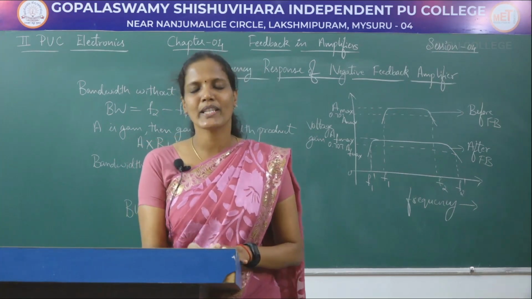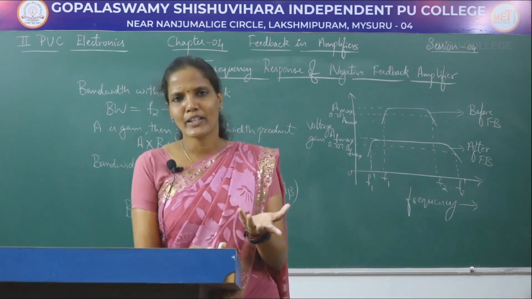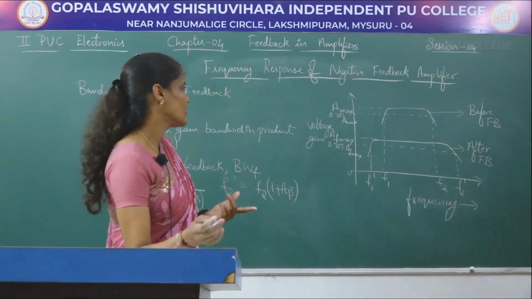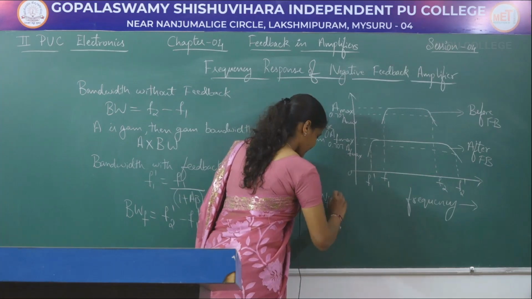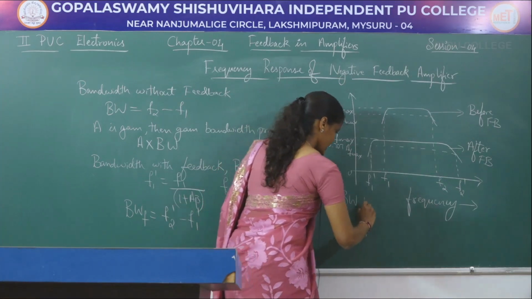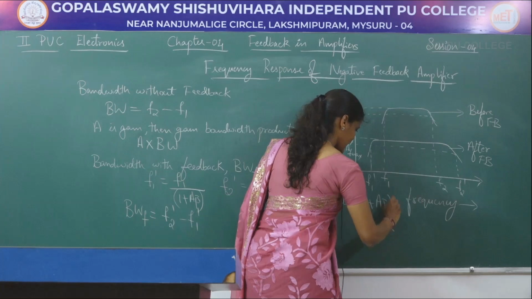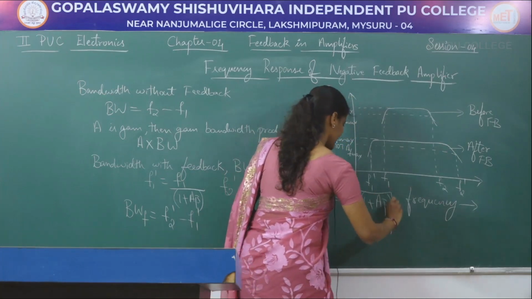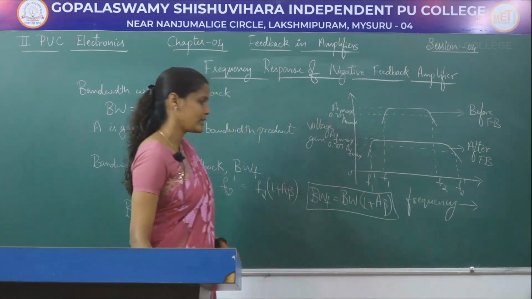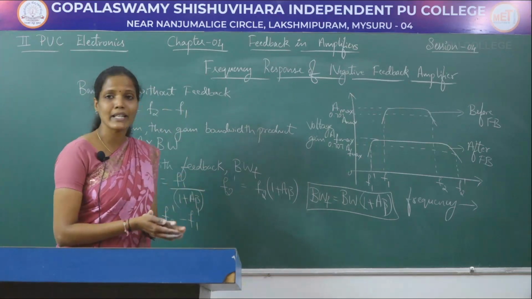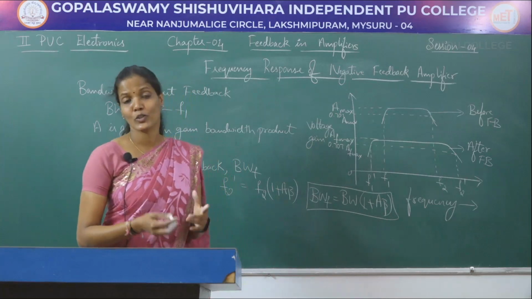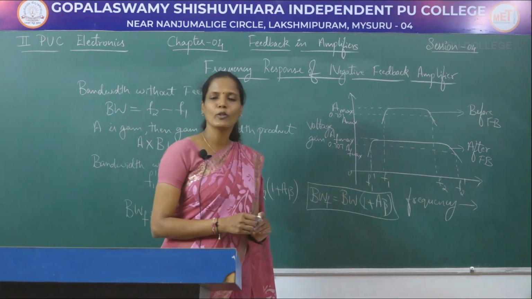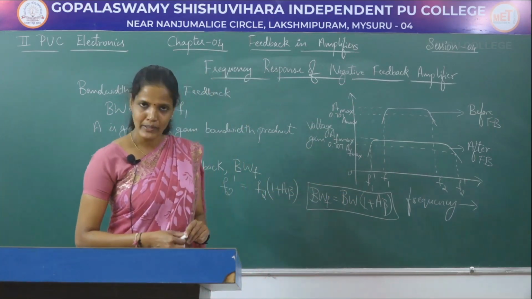And the relationship between the bandwidth of the amplifier circuit with and without the feedback network is given by the formula BWF is equal to BW into 1 plus A beta, where BWF is the bandwidth of the amplifier circuit when the feedback network is considered, BW is the bandwidth of the amplifier circuit without feedback, A is the open loop gain and beta is the feedback factor.